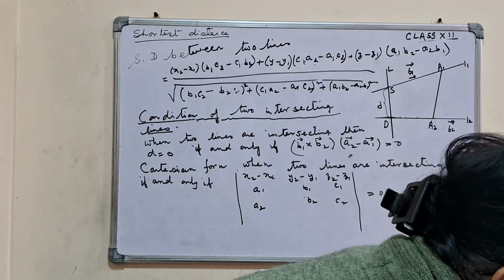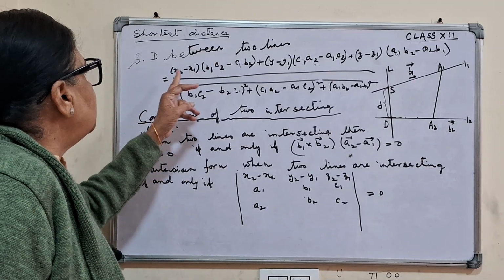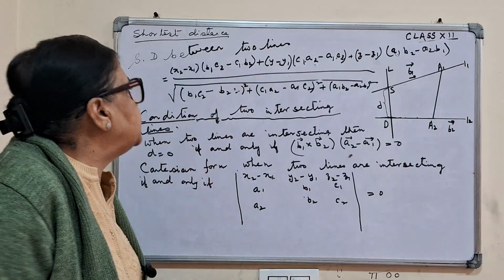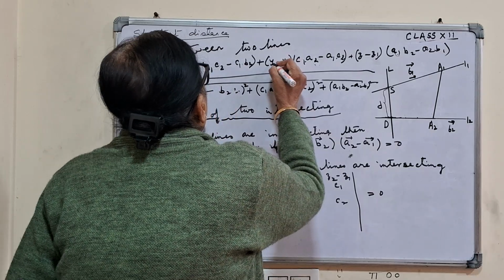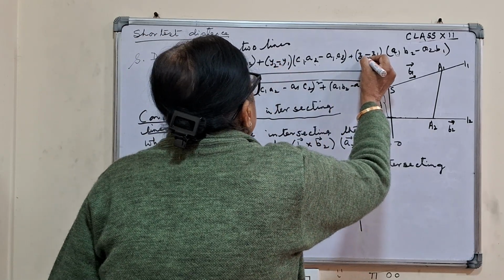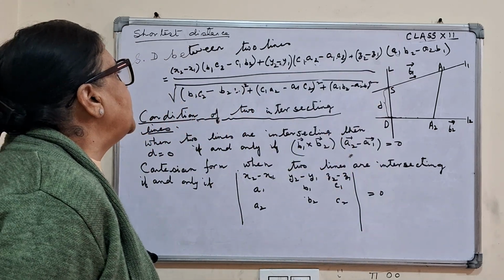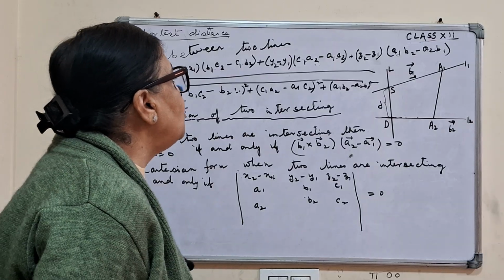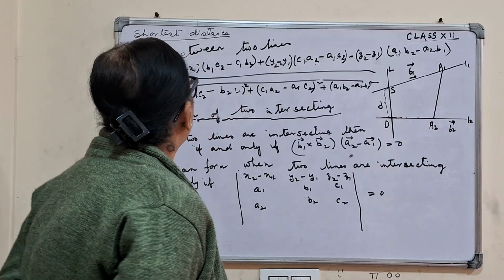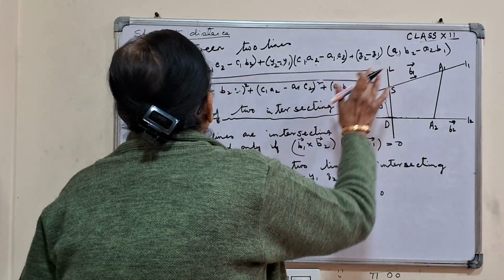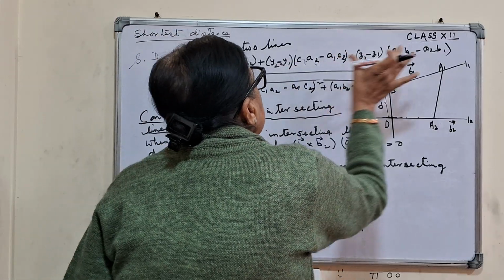The shortest distance between the two lines is x2 minus x1 into b1 c2 minus c1 b2, plus y2 minus y1 into c1 a2 minus a1 c2, plus z2 minus z1 into a1 b2 minus a2 b1, divided by the modulus, which is the square root of this whole square plus this whole square plus this whole square.